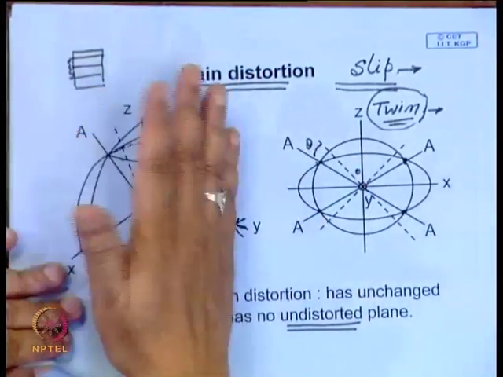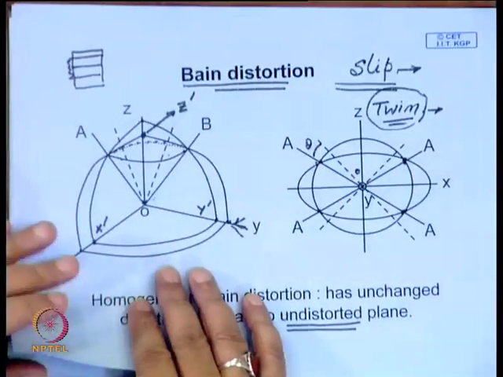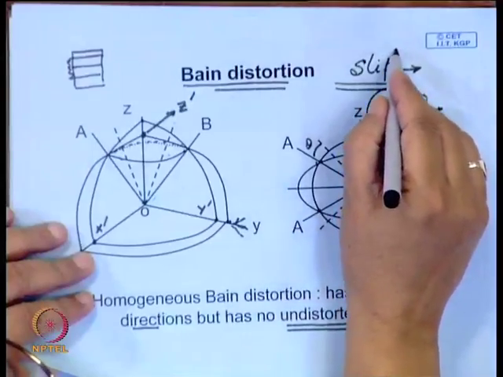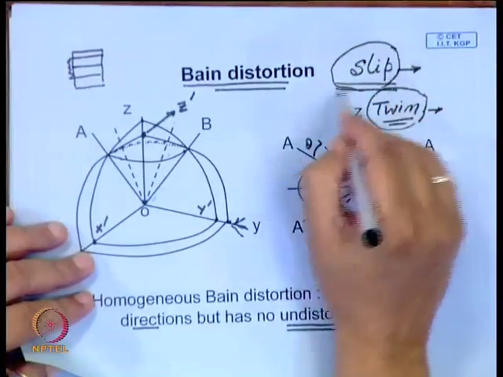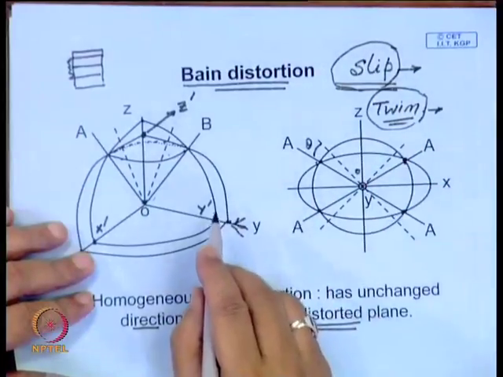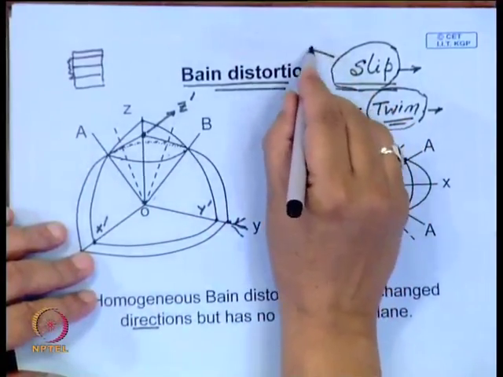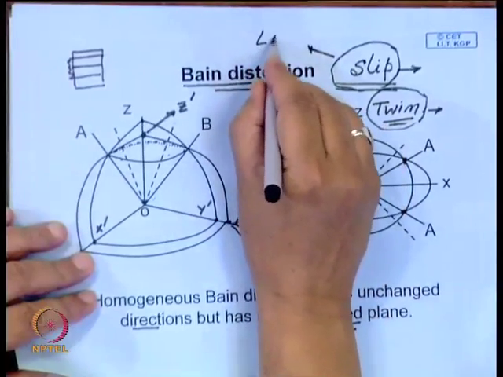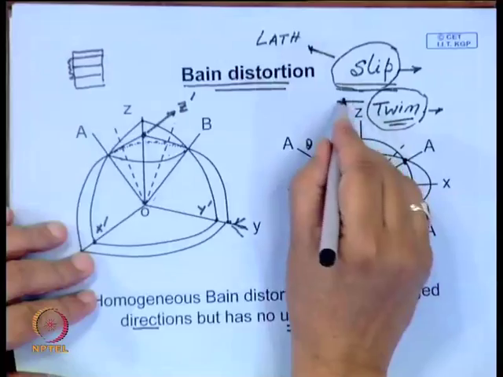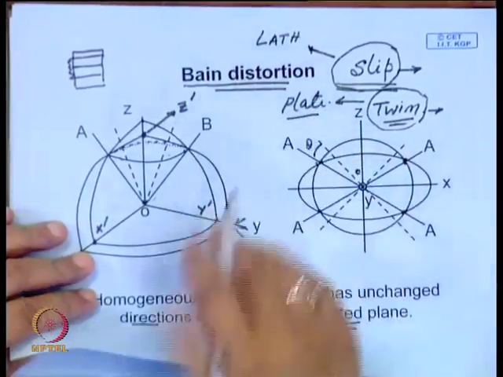That way, it can explain the crystallography of transformation, and depending on whether this Bain distortion is accommodated by slip or twin, we have two different kinds of martensitic structure. This gives what is now called lath martensite, whereas this gives plate type of martensite or acicular martensite.